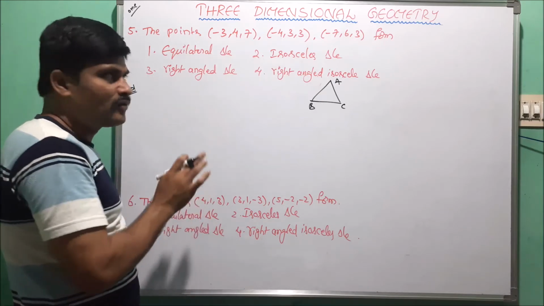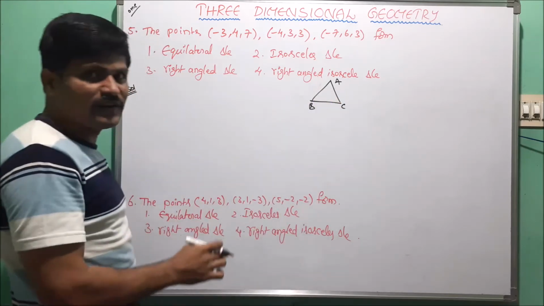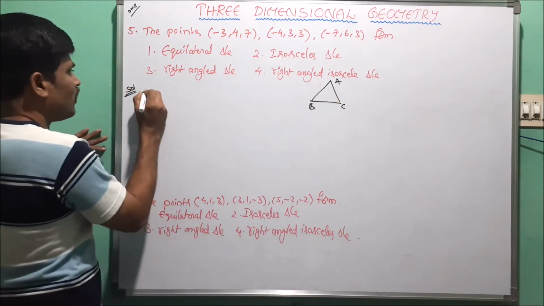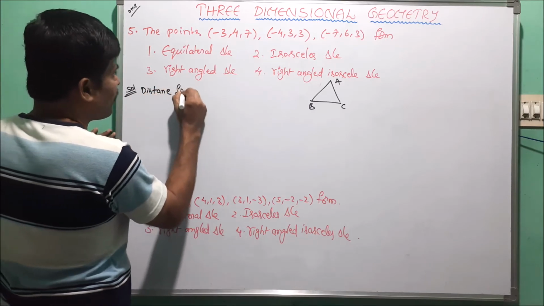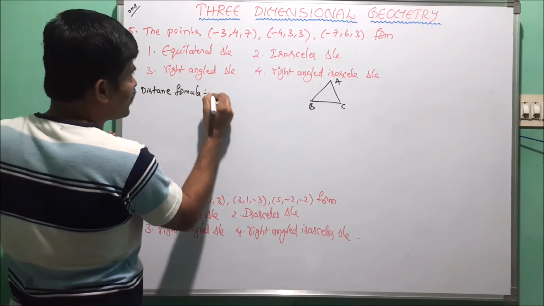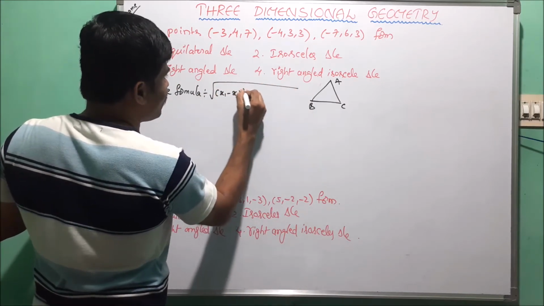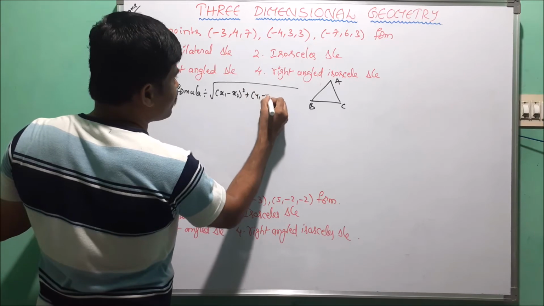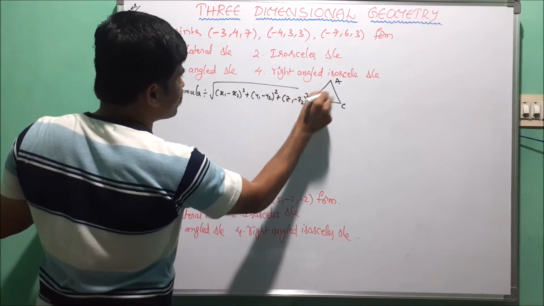First of all, to find the distance between the points, that means to find the sides of the triangle, we use the distance formula. The distance formula is square root of (x1 minus x2) whole square plus (y1 minus y2) whole square plus (z1 minus z2) whole square.